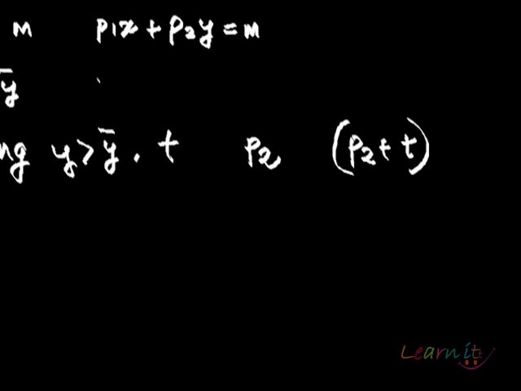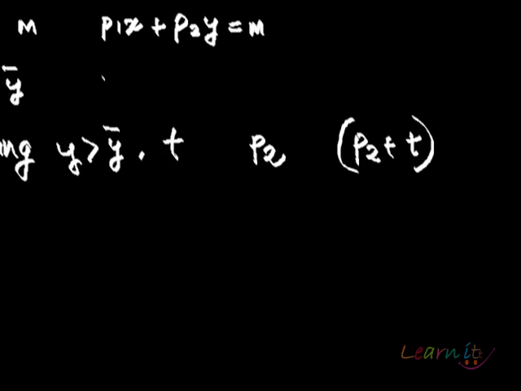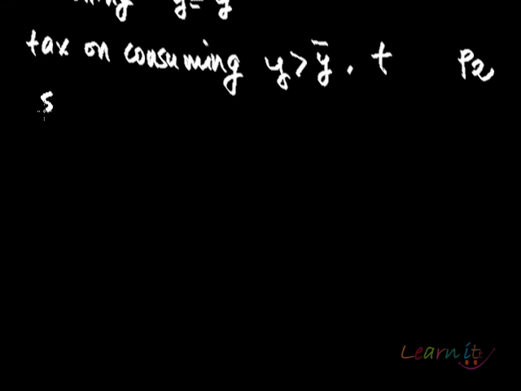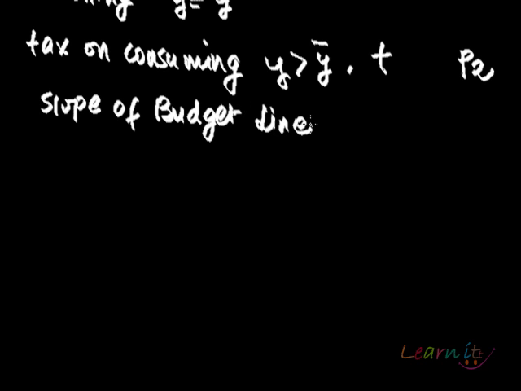Now what will happen is that, what is the slope of the original budget line? What is the slope of this budget line? That is minus P1 by P2.